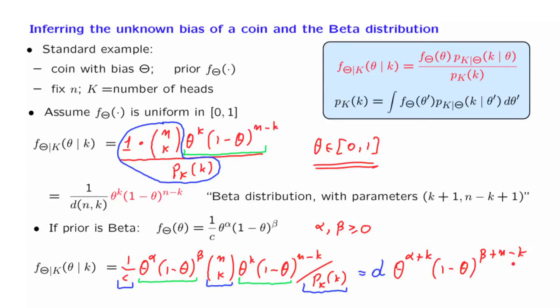So we see that if we start with a prior from the family of beta distributions, the posterior will also be in that same family. This is a beautiful property of beta distributions that can be exploited in various ways, one of which is that it actually allows for recursive ways of updating the posterior of theta as we get more and more observations.